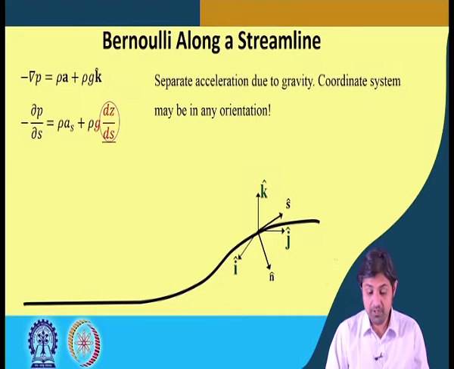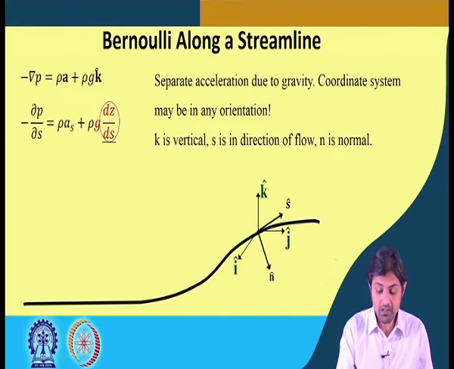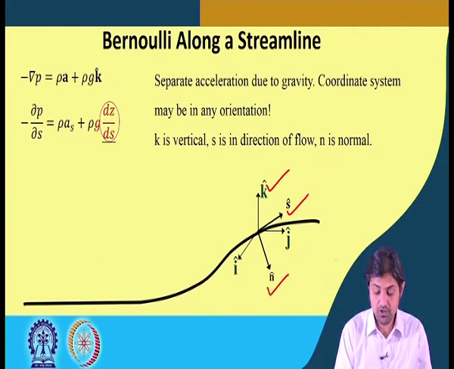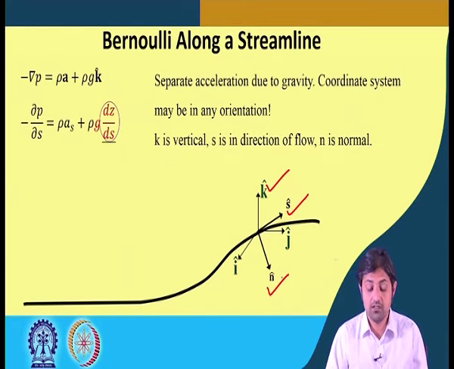So we have to separate the acceleration due to gravity, and the coordinate axis here can be in any orientation. This is quite important to understand. K is vertical, S is in the direction of the flow, and N is normal to the flow. That is our standard assumption.